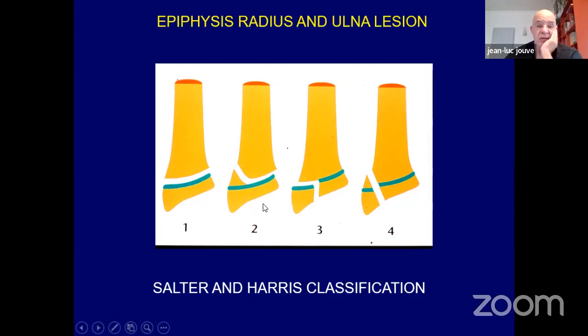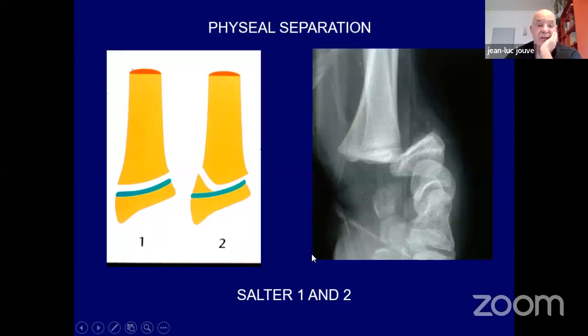These are fractures with good prognosis because the growth plate is not disrupted. The Salter type 3 and 4 are a section of the growth plate, and the prognosis is very poor. But in most cases, largely most cases, it is Salter 1 and 2, as in this example.